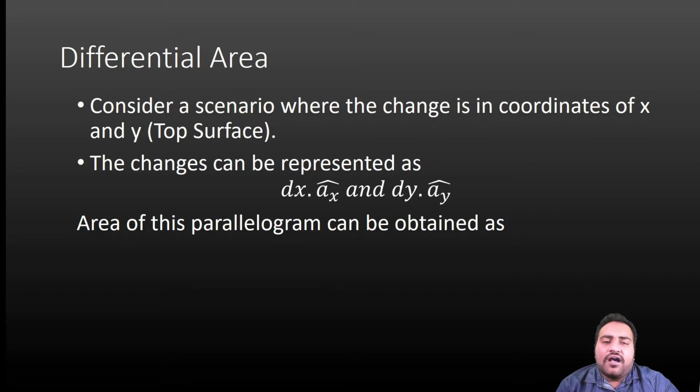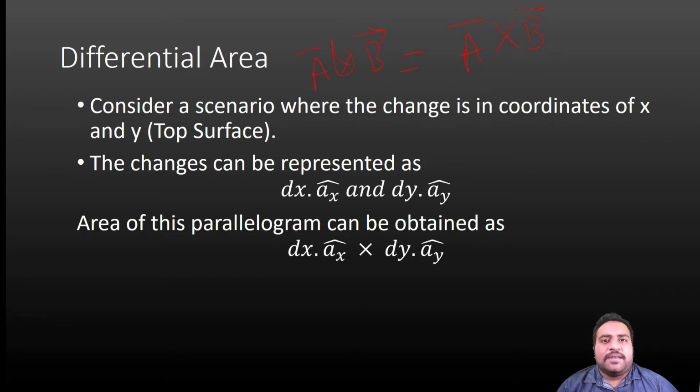Now, the area of the parallelogram formed by these two vectors can be obtained from vector algebra: the area between two vectors a bar and b bar can be obtained by a bar cross b bar. If I use this principle here, I would get dx ax bar cross dy ay bar.